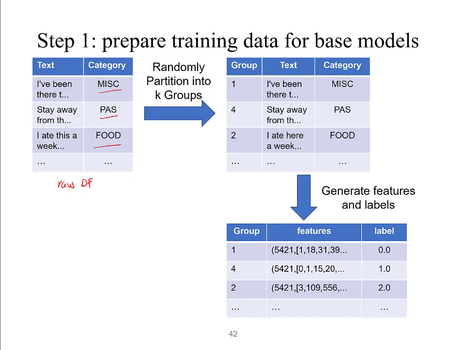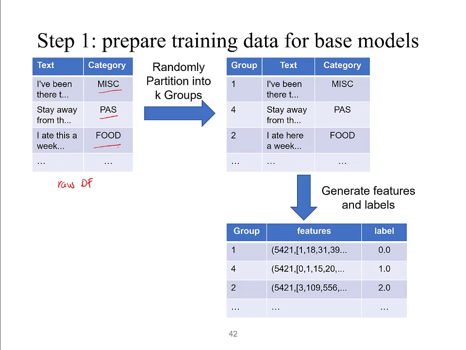They correspond to food, PAS, and MISC. The text are online reviews, and food means that the reviews involve comments on food. And PAS means that the reviews involve comments on the price of the food, the ambience of the food, and the service of the restaurant. This is what PAS stands for.